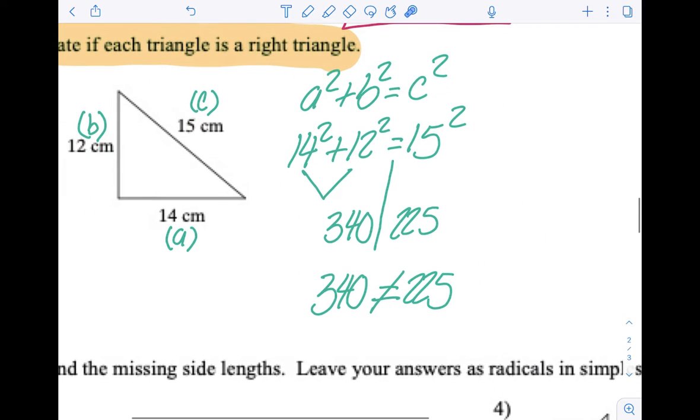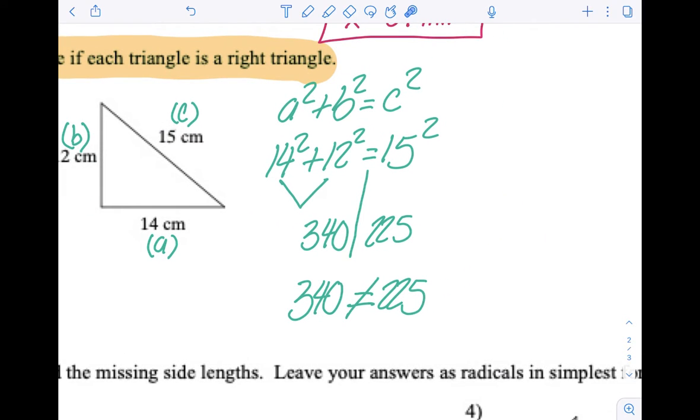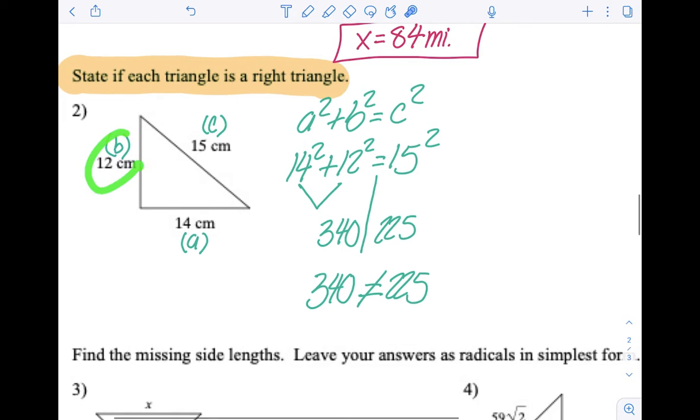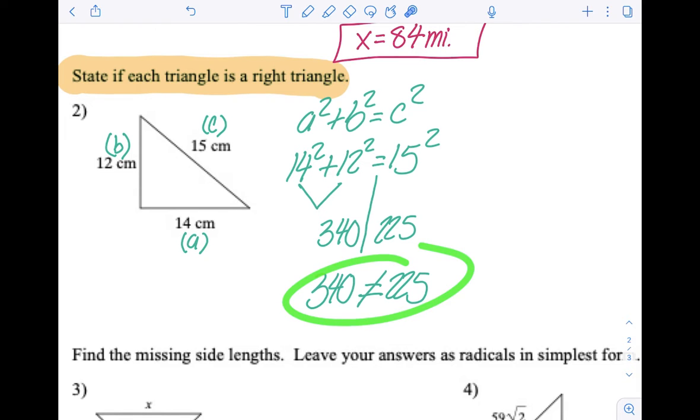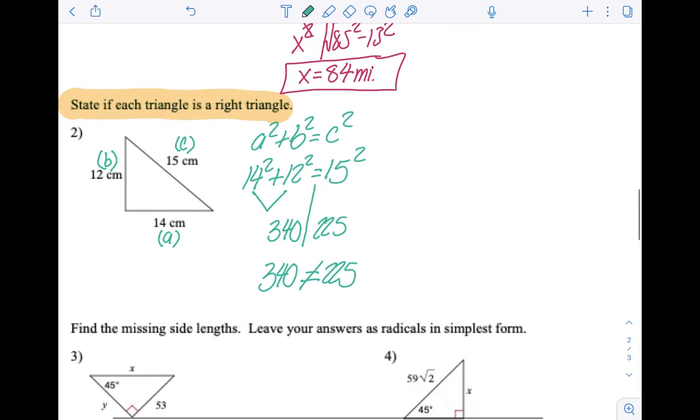So since they are not equal, these dimensions here, these numbers do not represent a right triangle. They might be a regular triangle, but this is saying state if each triangle is a right triangle, where it has a 90-degree angle. And since these are not equal, you say not a right triangle.